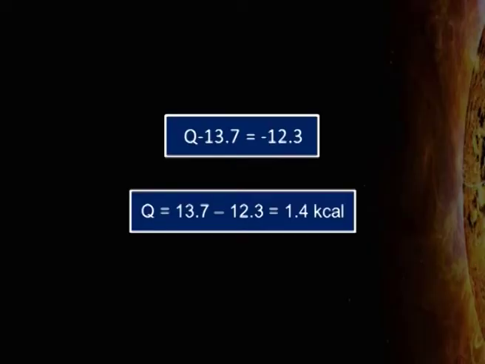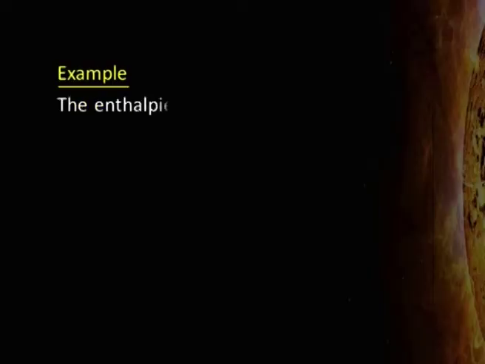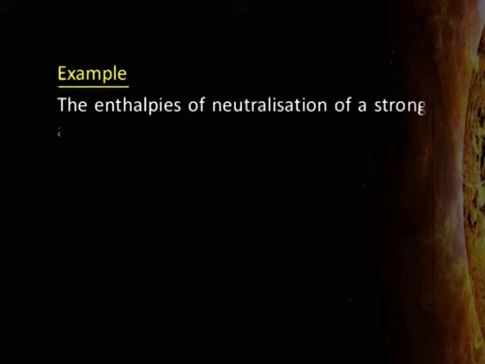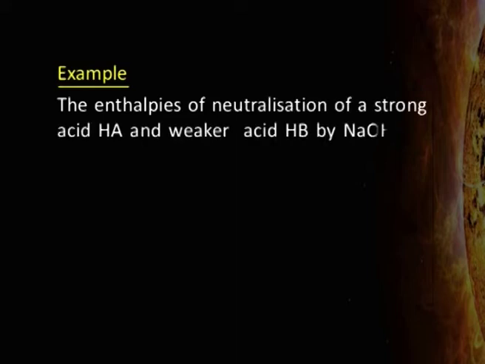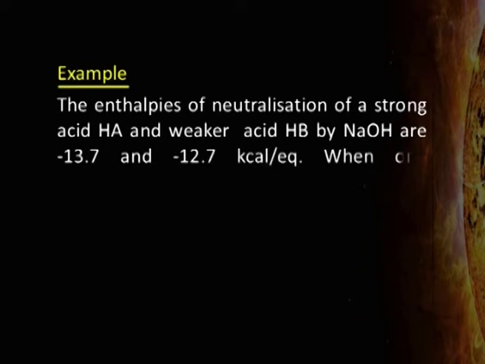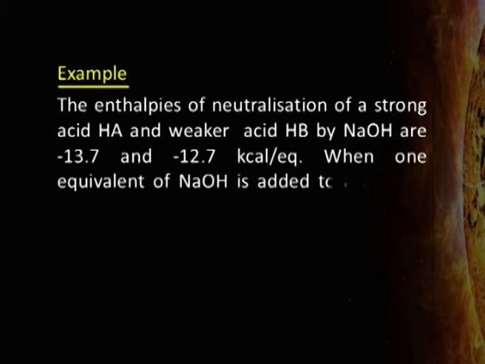Hence, the observed heat of neutralization will be less than 13.7 kilocalories. Here is an example relating the enthalpy of neutralization of strong acid and weak acid. The enthalpies of neutralization of a strong acid HA and weaker acid HB by NaOH are minus 13.7 and minus 12.7 kilocalories per equivalent.